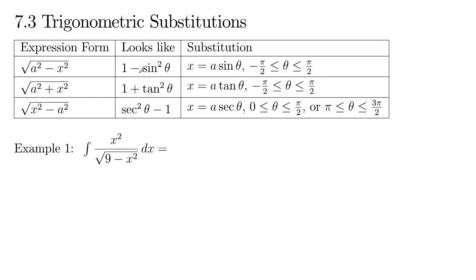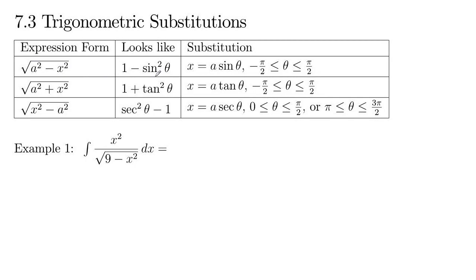So we know 1 minus sine squared is cosine squared, 1 plus tan squared is secant squared, and secant squared minus 1 is tangent squared. So I just like to parallel the identity with the expression itself. If you've got a quantity squared minus x squared, that looks like 1 minus sine squared.